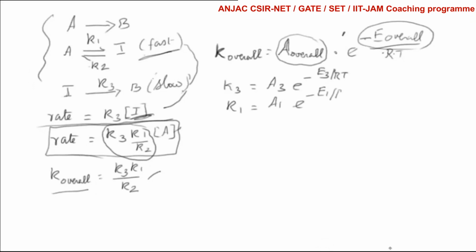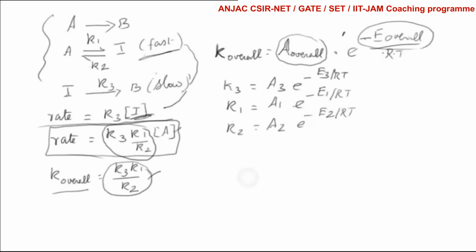Then K2 is equal to A2 e power minus E2 by RT. Now K overall is given as this one.